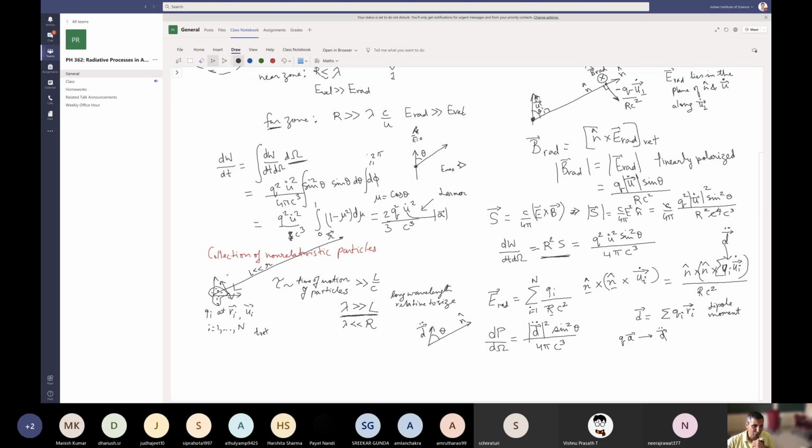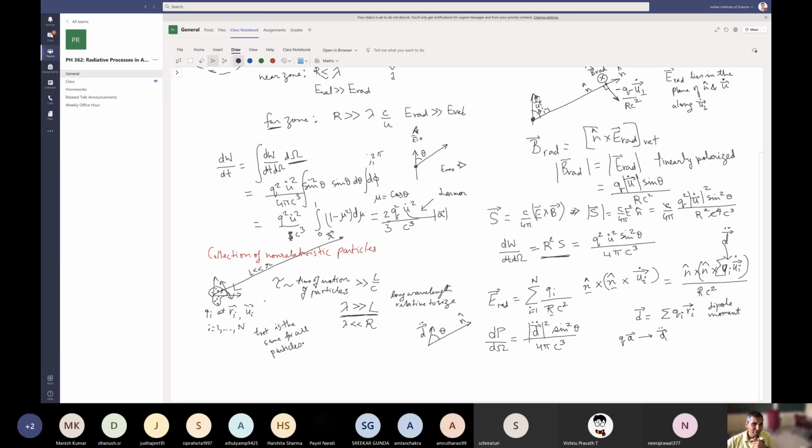When we do this, we are assuming that t retarded is the same for all particles. Do you see this? When we are summing this up, we are not worrying about the difference between the retarded times of these particles, because they will be different. If a particle is nearby, its acceleration should be evaluated at a slightly earlier time, and the particle which is far away, its acceleration should be evaluated at an even earlier time.